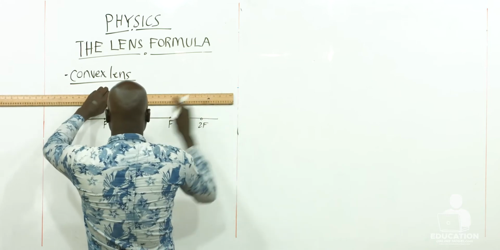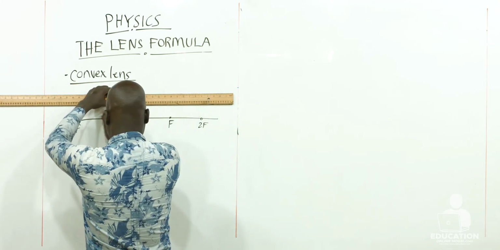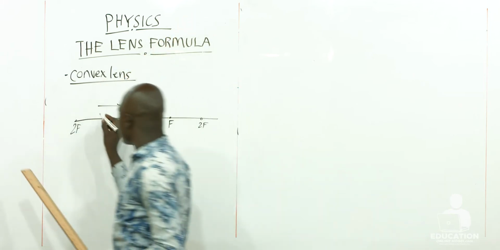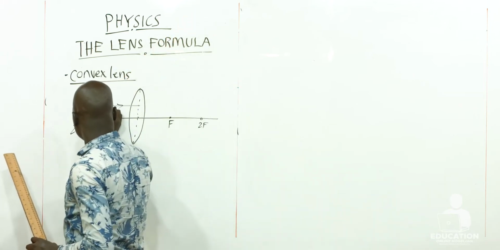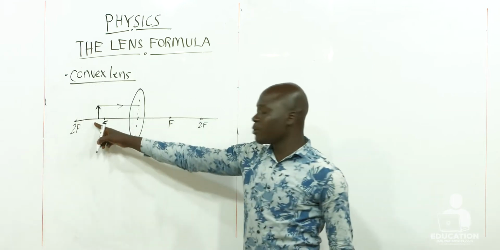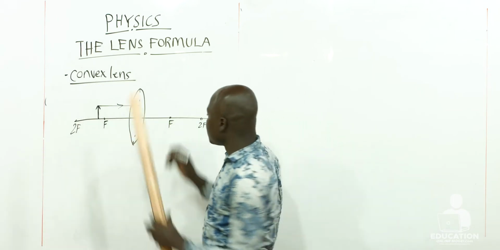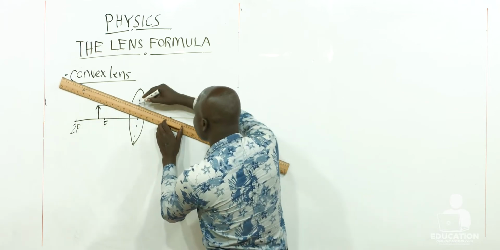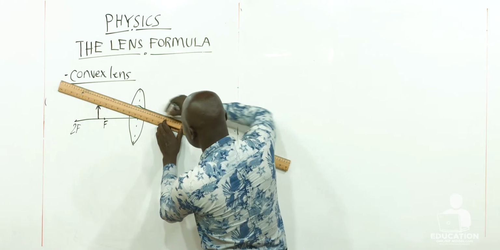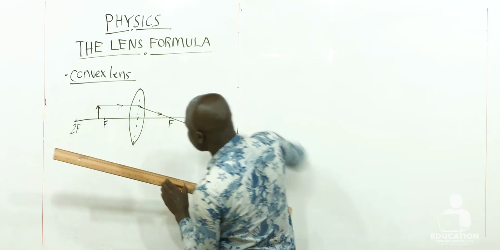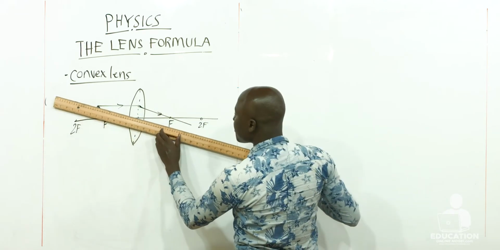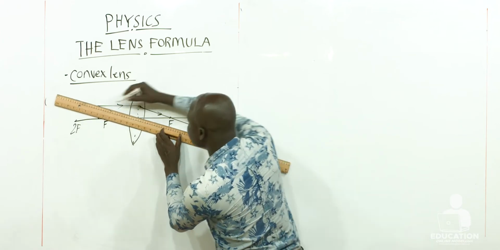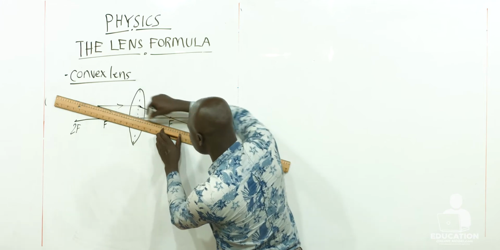Now if we take a ray parallel to the principal axis, for an object placed, let us take for example, between 2f and f, this ray will pass through the principal focus after refraction from the lens. Then we shall also take another ray which passes through the optical center and is undeviated, meaning its direction will not change.